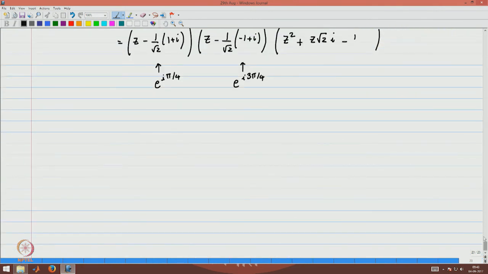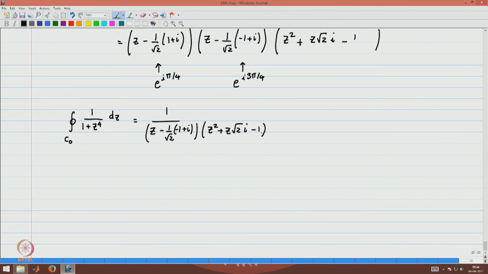If you want to calculate the residue at e to the i pi by 4, you can write this integral over the closed contour C, 1 over 1 plus z to the power 4 dz, is equal to 1 over (z minus 1 by root 2 times (minus 1 plus i)) times (z squared plus z root 2 i minus 1).